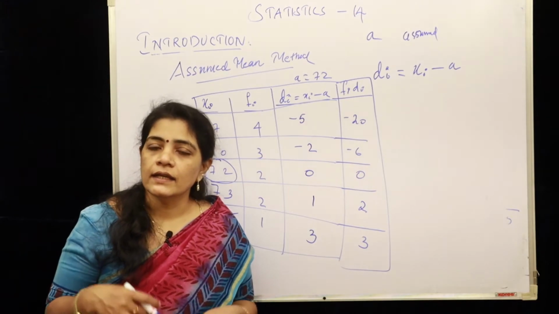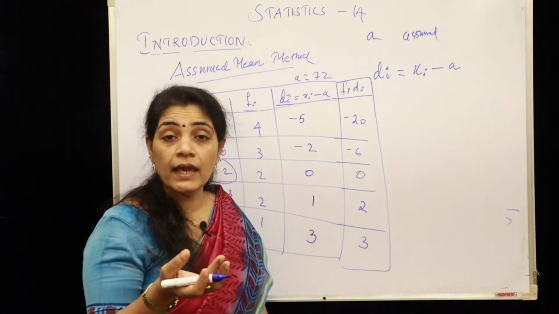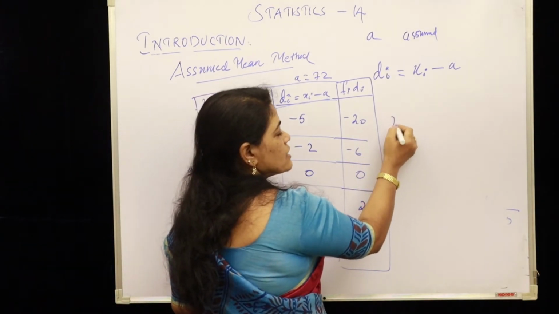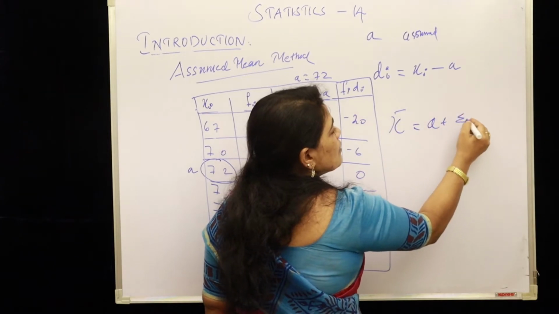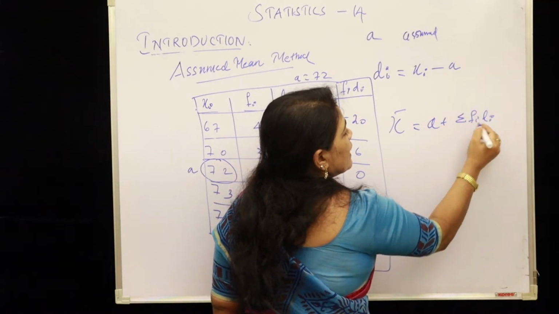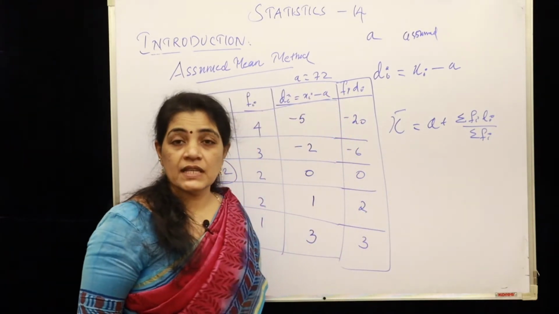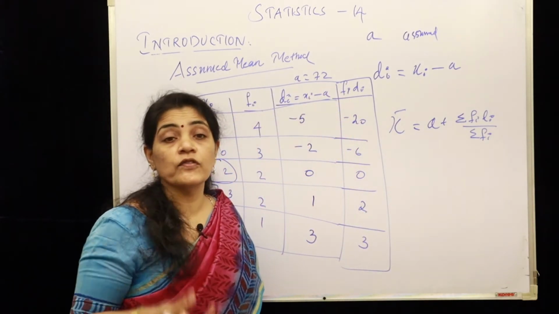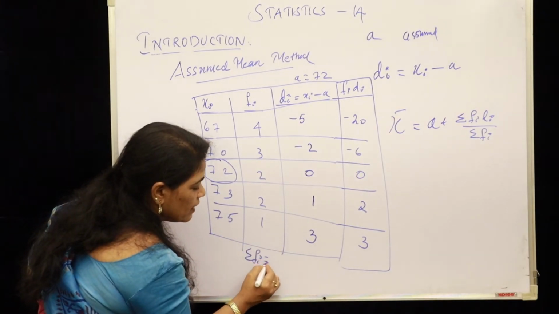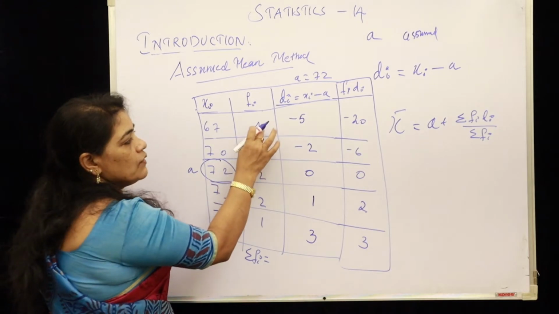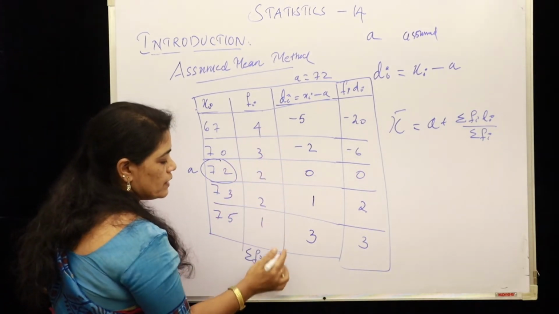Here comes the formula to compute the arithmetic mean by the assumed mean method, that is x bar is equal to a plus sigma fi di divided by sigma fi. Sigma fi is nothing but the sum of the frequencies. Here you can write sigma fi. You can add 4 plus 3, 7, 9 and 11, 12.